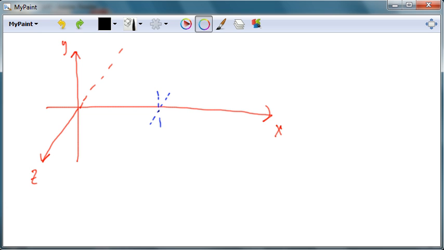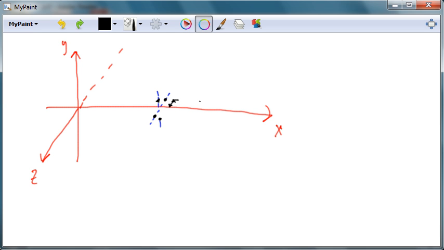So they're 10 centimeters from the origin, but then each one is 1 centimeter from the x-axis, so this distance is 1 centimeter.